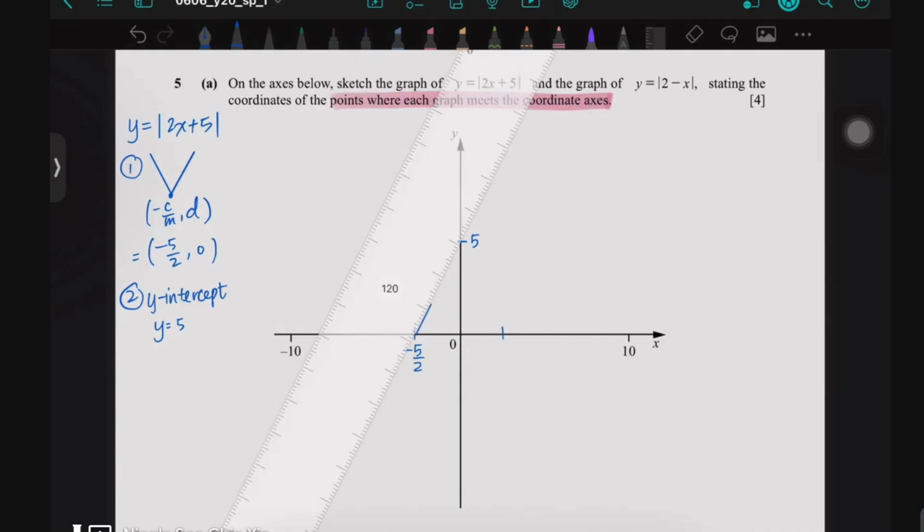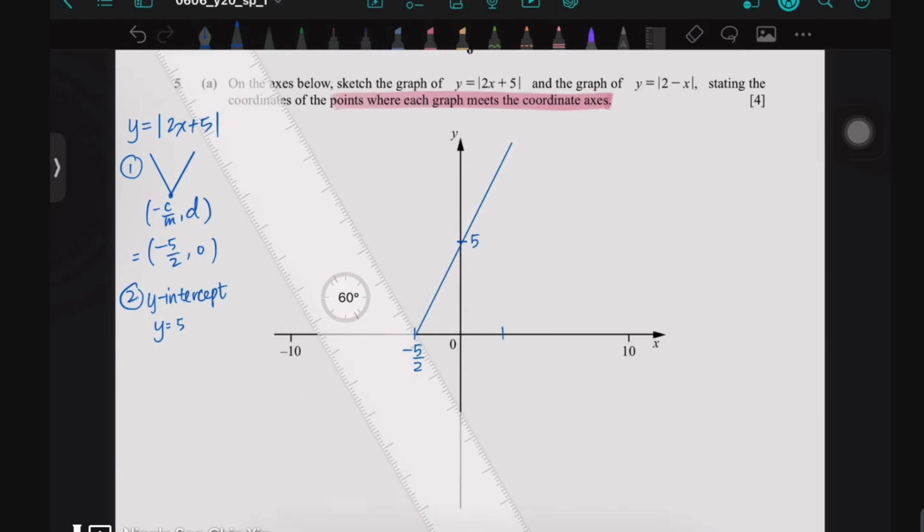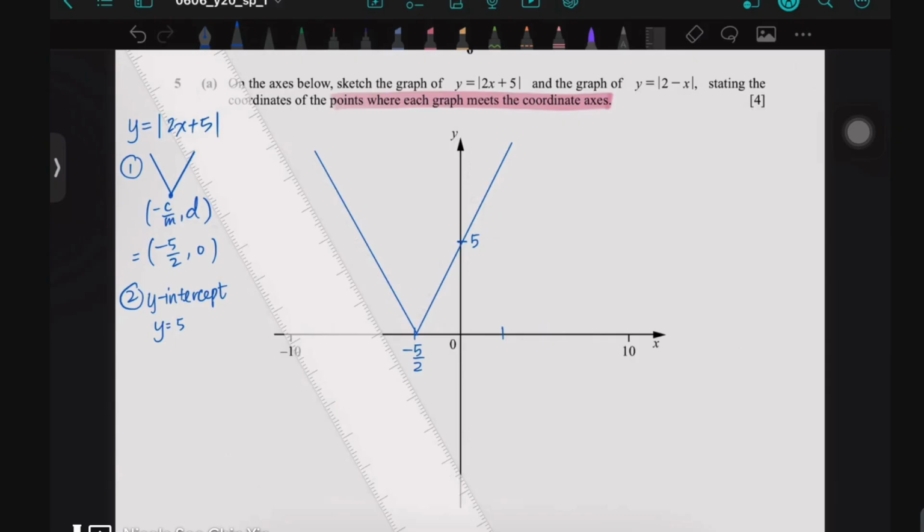First one. Don't forget, write y equals modulus 2x plus 5. Please write it down if you have two modulus functions. So the next function, I will have y equals modulus 2 minus x. Number 1, when I look at the shape, I know it's a V shape.